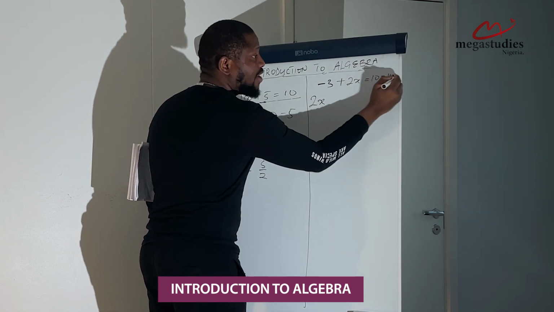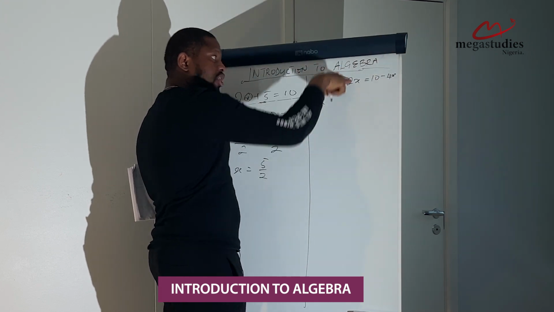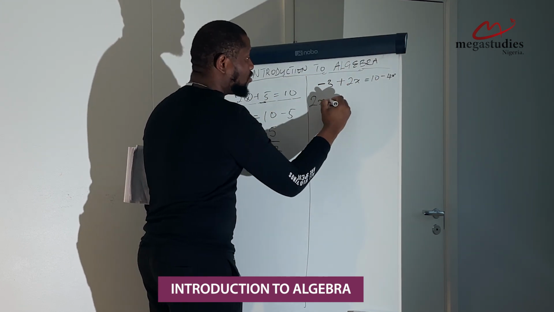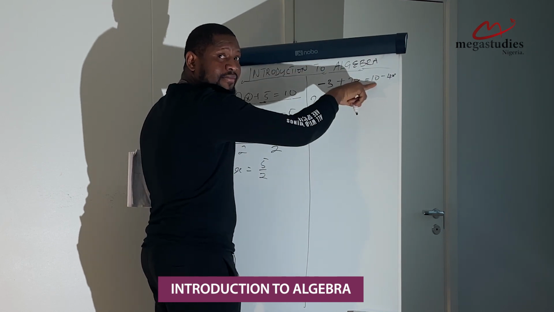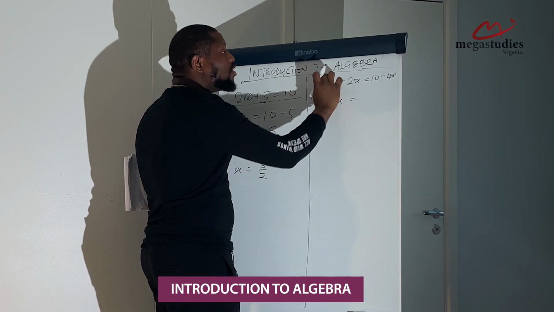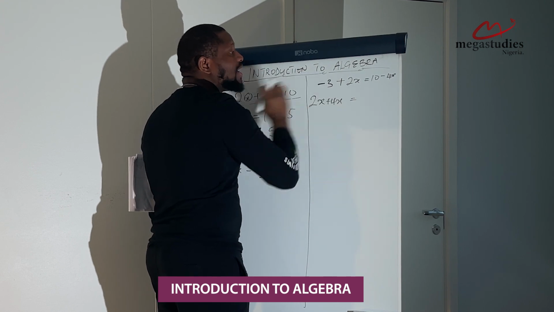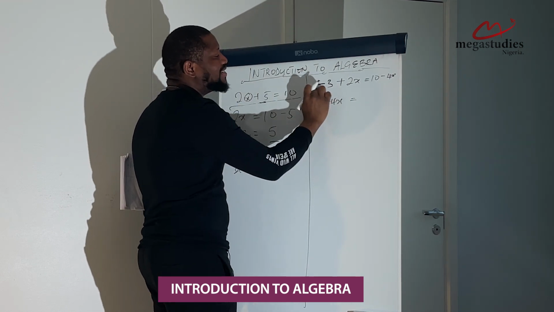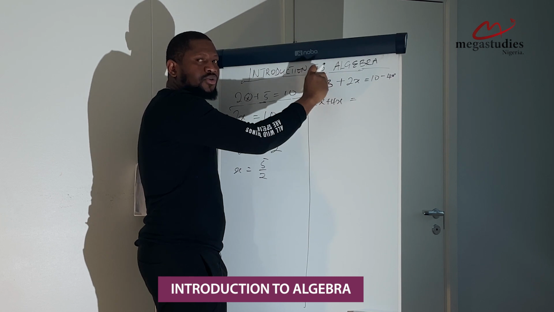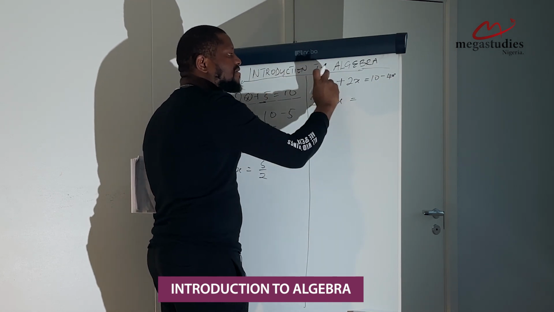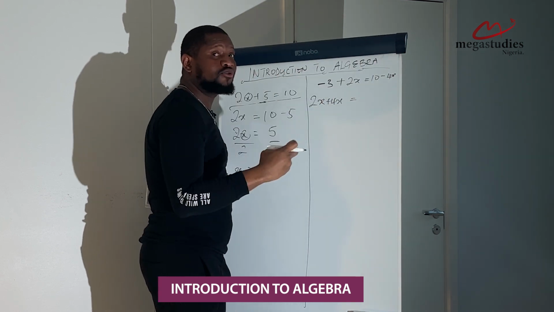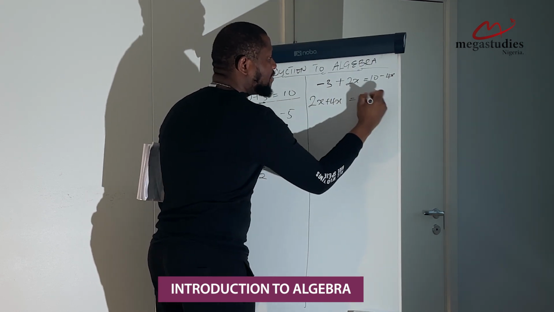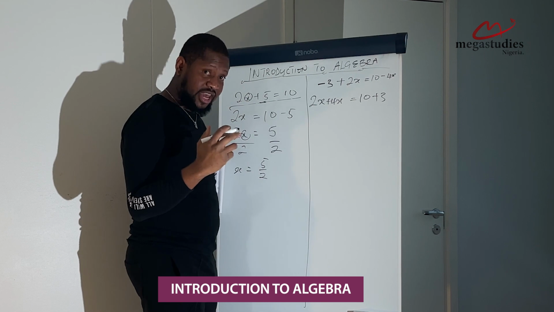This is -4x. -4x is crossing the equals to sign, so we have +4x. 10 is there already, meaning we are going to bring this -3. Remember, don't ignore the sign that is before the value. We are bringing this -3 to this 10 because the aim is to collect like terms. 10 + 3.